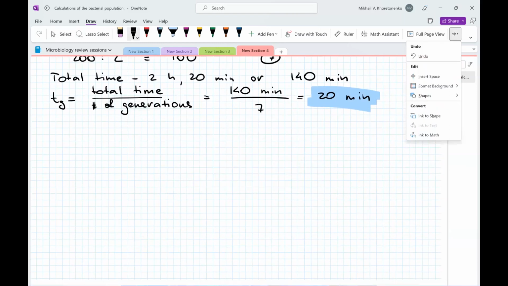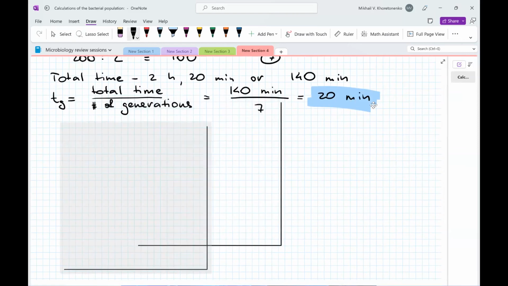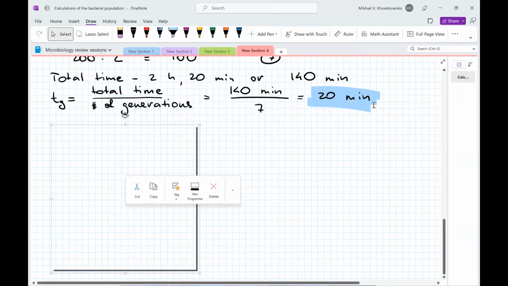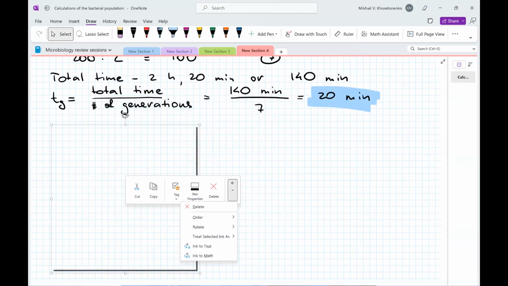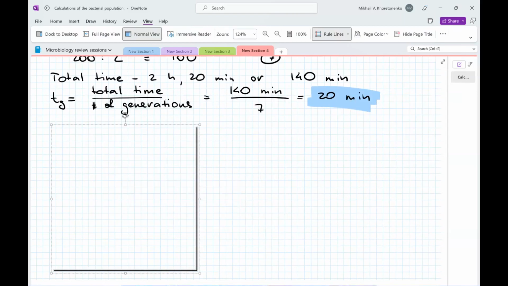So what I want to show you is how to approach some of these things and make use of the scratch paper. Okay, does that make sense?